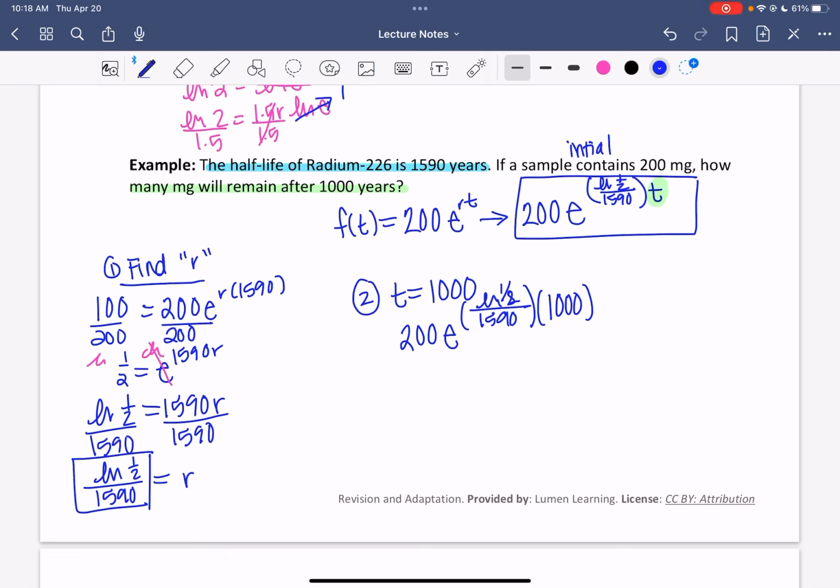And when you're plugging this into your on-screen calculator, you want to type it just like this. And that would give me, now I'll round, 129.331 milligrams. And so you can see very similar to the first part, except this time I'm actually calculating a future value, or in this case, how much will remain after 1,000 years.